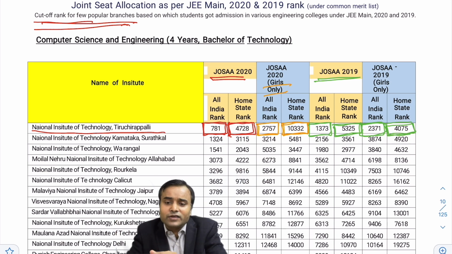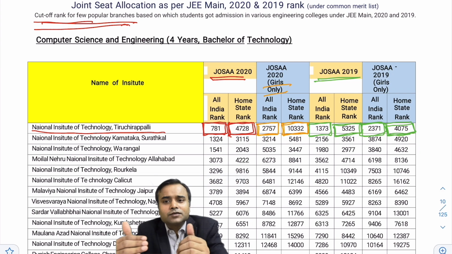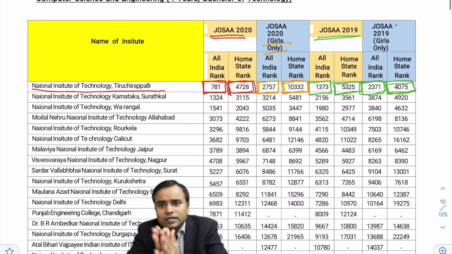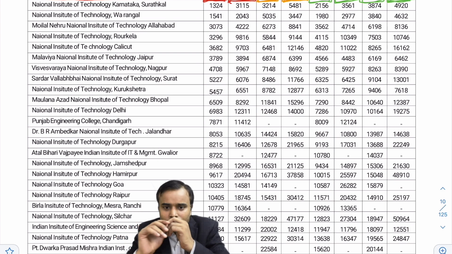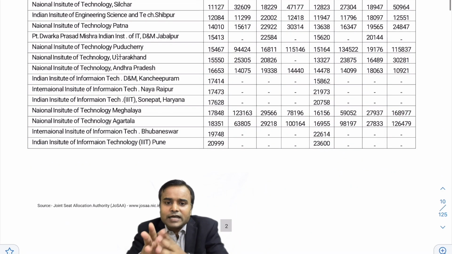But a student from Tamil Nadu got admission with a rank of around 5300. This is the data in front of you.